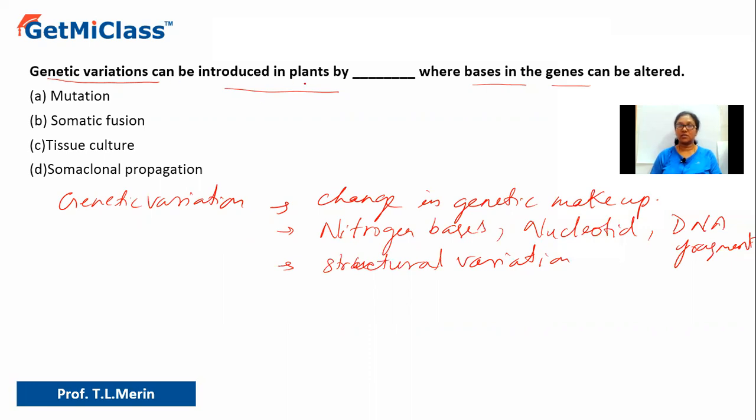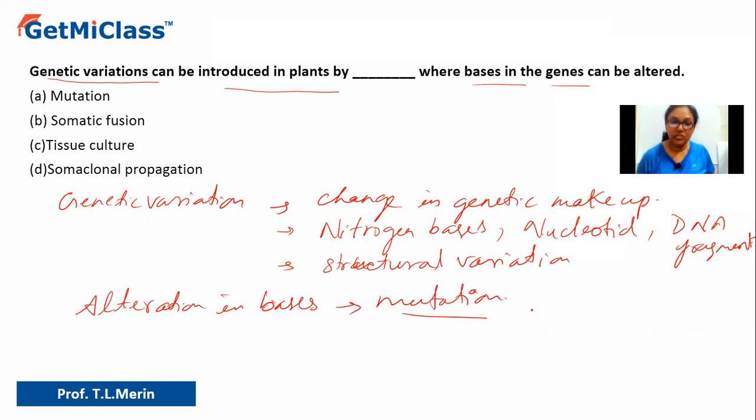Now here in the question, it specifically mentions where bases in the genes can be altered. So we are talking about alteration in the bases. When they are talking specifically about alteration in bases, that can be done only by mutation, because with mutation you can mutate the genes, either one base or one nucleotide, or 100 bases, 100 nucleotides.